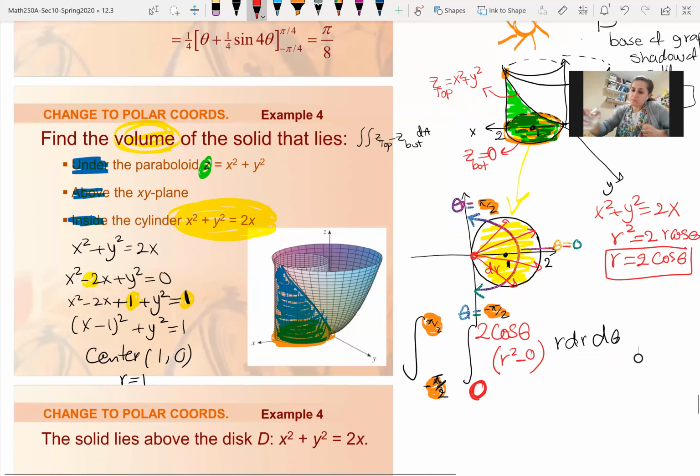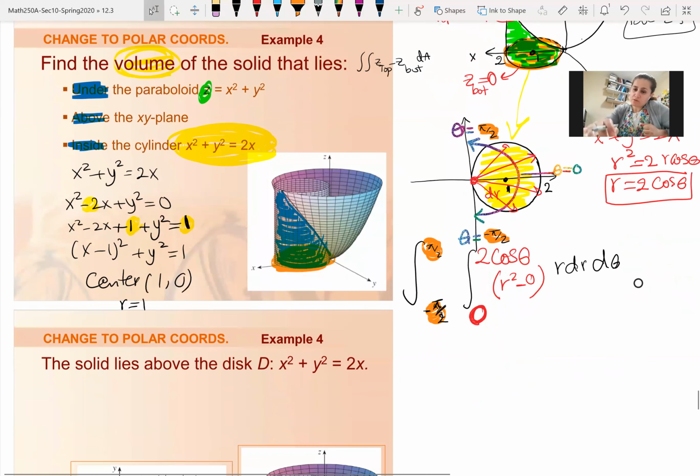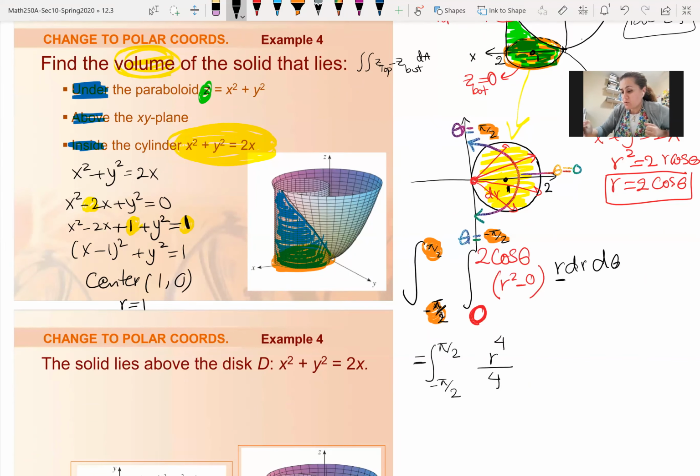So that is simply from negative pi over 2 to pi over 2. This is going to be r squared times one more r over here, so it's r cubed. Integration is r to the 4th divided by 4. Then you have to plug in this limit.